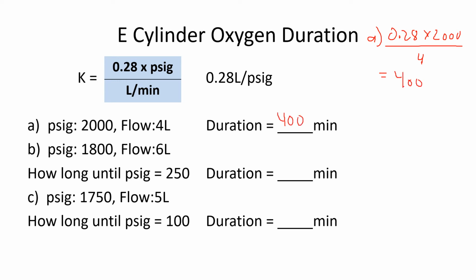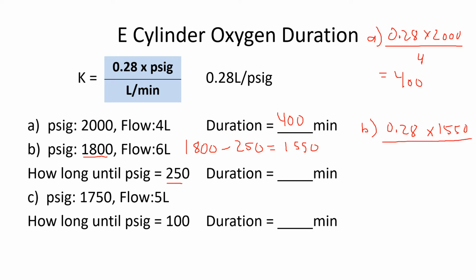400 minutes. B and C. So we're not going to deplete the entire cylinder for B and C. So B, we're starting at 1,800. We want to stop at 250. So let's find the difference. So the difference is 1,550. And then we just plug and chug. 0.28 times the amount of pressure we're going to use, 1,550, divided by the rate.